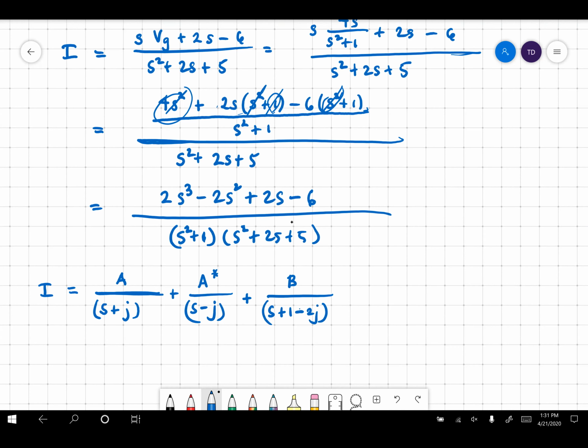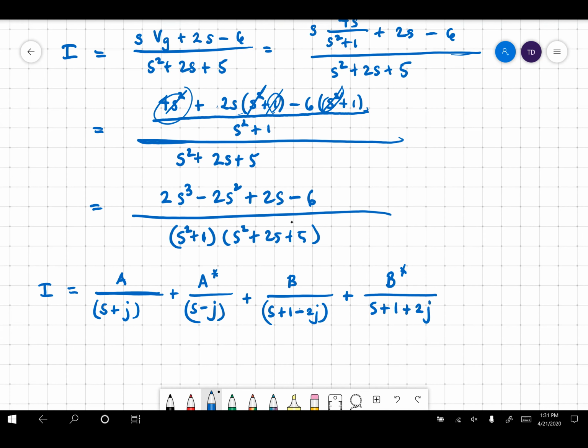Notice I always want the minus first, the negative. Always do that one first with your B term. Plus B conjugate over S plus 1 plus 2J.